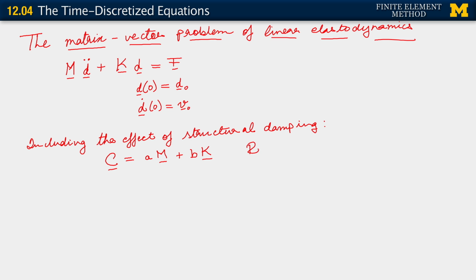This is a model for what is called Rayleigh damping, where A and B are constants, right? And that was it. There was no attempt to derive this new damping matrix from any more fundamental partial differential equation. That can be done, but it was not necessarily done in writing this out. It was just explicitly written out in this form.